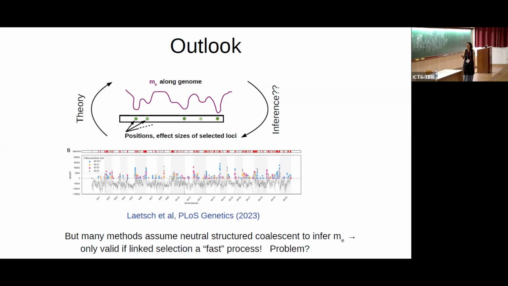So how reliable are these estimates of Ne, given that they are based on these kinds of assumptions? As a broader point, I think there's quite some scope here for going back and forth between theory and inference if we want to understand how these different loci together shape patterns of diversity along the genome. Okay, thanks.